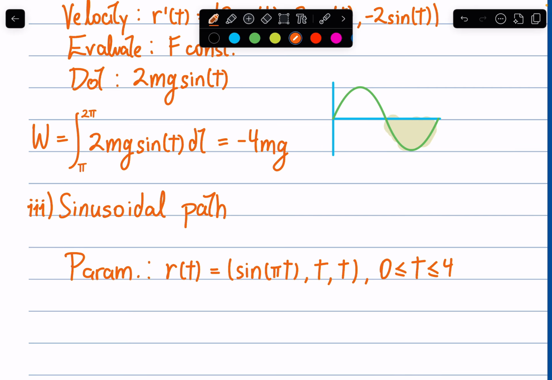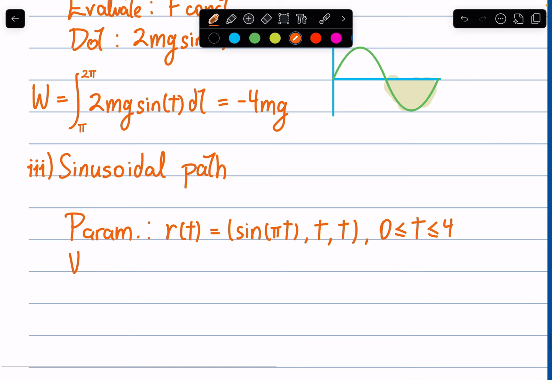The specifics of this parametrization are once again not necessary. The velocity is the derivative of this parametrization, which is just (pi times cosine of pi t, 1, 1).